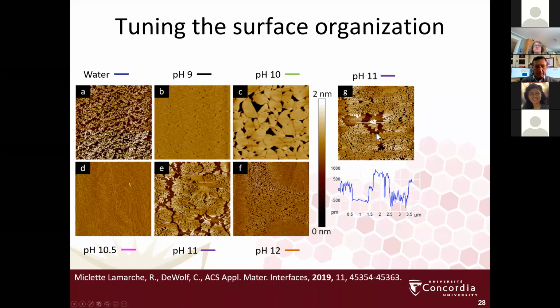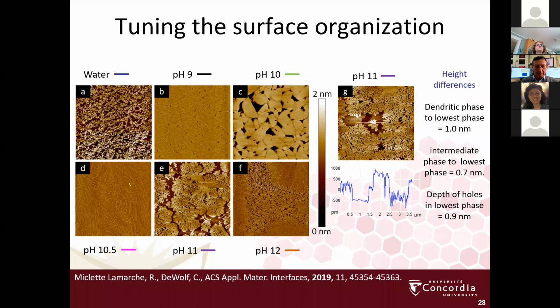And again, we turn to the height differences, and a height analysis tells us a bit about those phases, but it's more telling when we look at the diffraction that goes with them. Okay, we'll mention them now. The dendritic phase to the lowest phase, not the holes, but the lowest phase here, is a nanometer.